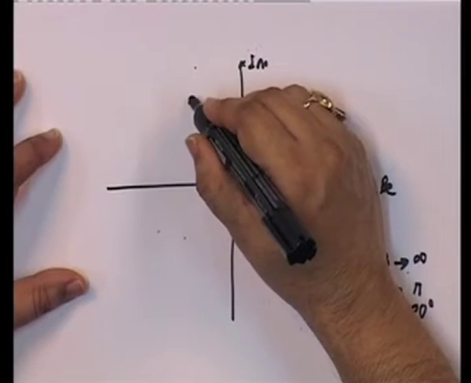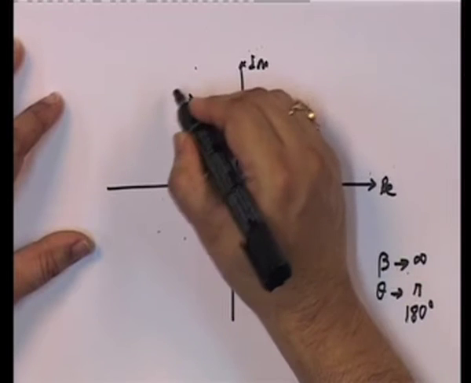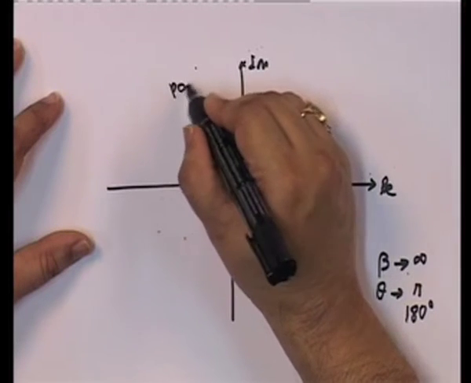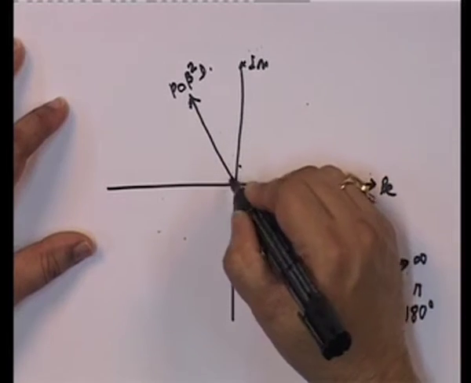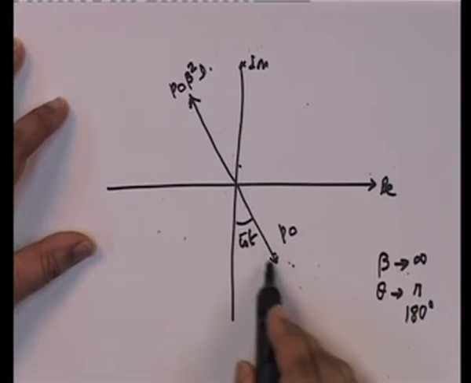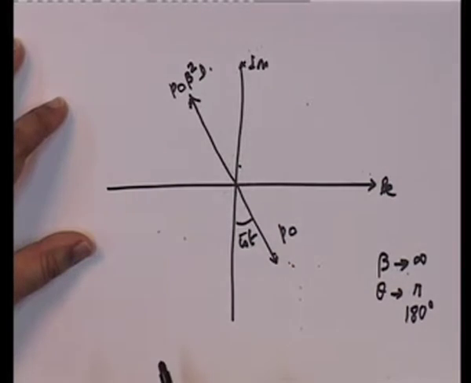In other words, what I have is that my P naught beta square d is 180 degrees out of phase with P naught, because theta is exactly that term.